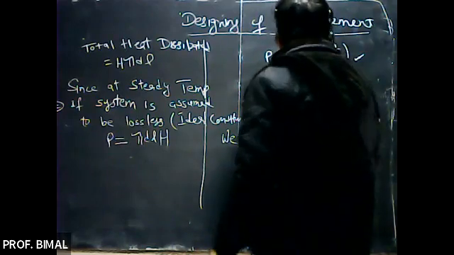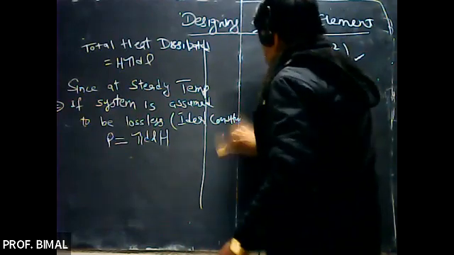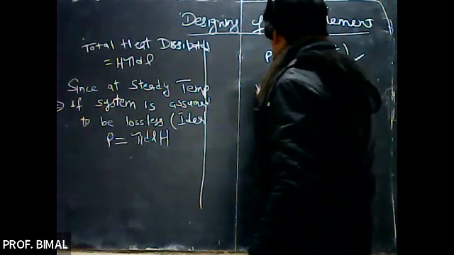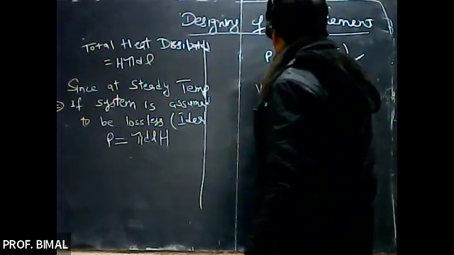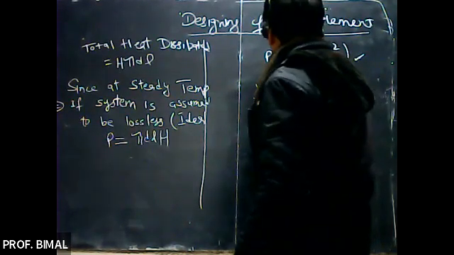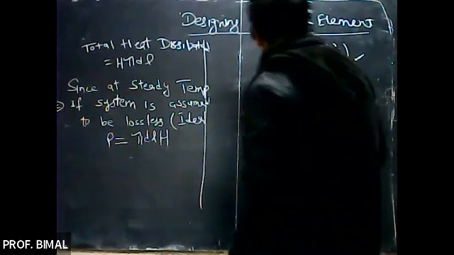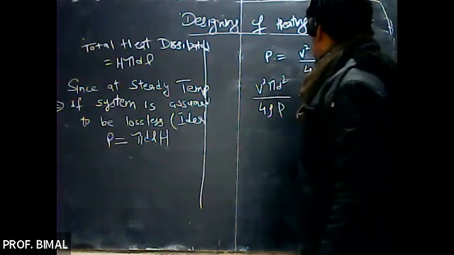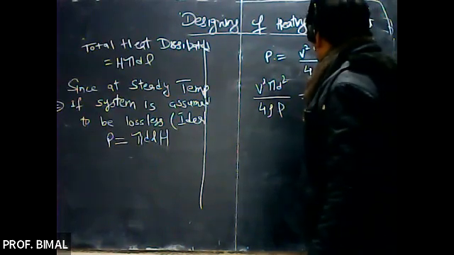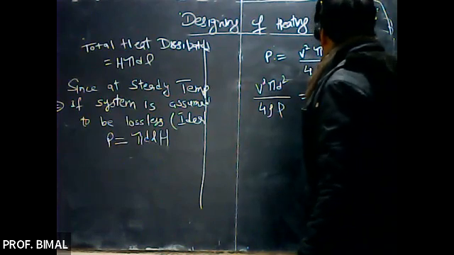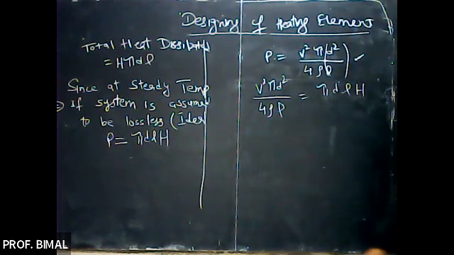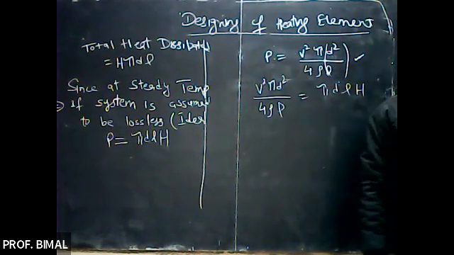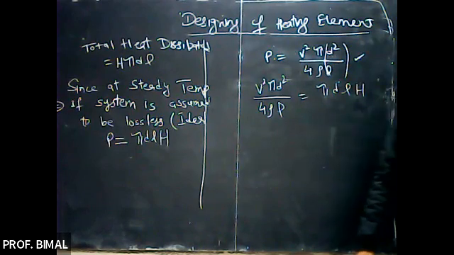So I'm just substituting the value of P here: V square pi d square upon 4 rho L is equal to pi d L into H. From this, calculate the value of d upon L square.